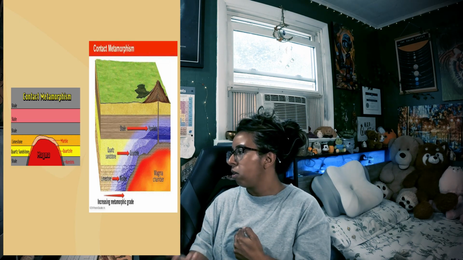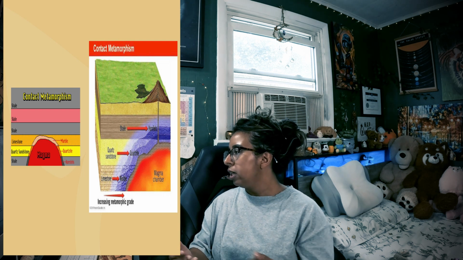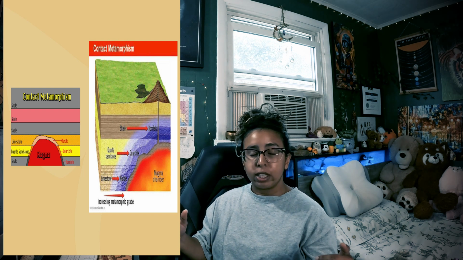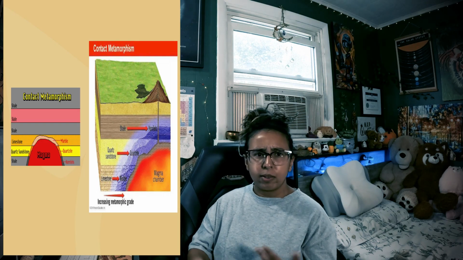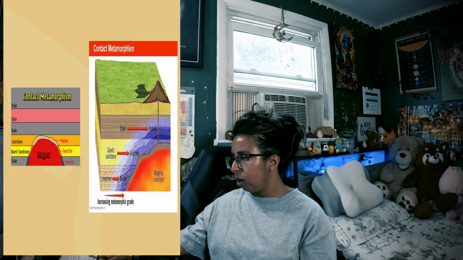So that's how that works. And then I also have a little block diagram for contact metamorphism, which is basically showing the same thing but bigger. So you see shale becoming hornfels, quartz sandstone becoming quartzite, and limestone becoming marble. And the metamorphic grade does increase as it gets closer to the magma chamber. I'll explain more about metamorphic grade later, obviously.